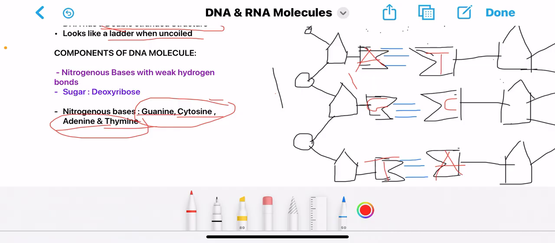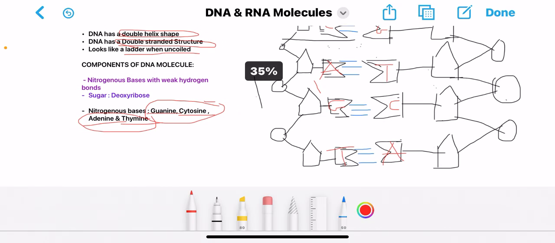So in RNA it is uracil pairing with adenine, but in DNA we have adenine pairing with what? With thymine. I repeat, in DNA we have thymine, and in RNA we have uracil. In DNA, thymine pairs with adenine, and in RNA, adenine pairs with uracil.